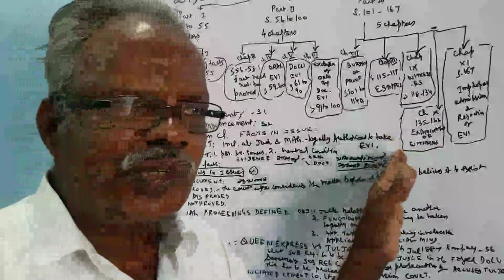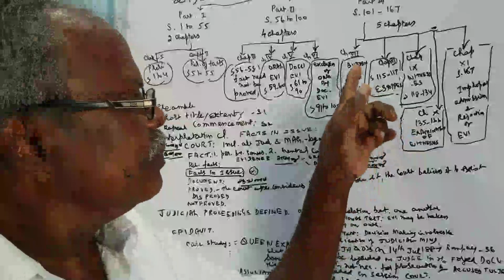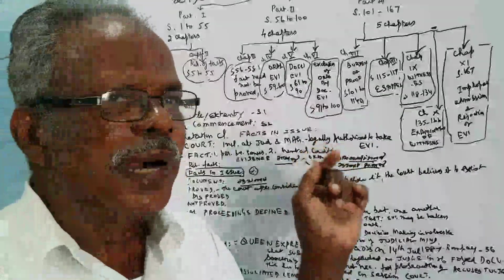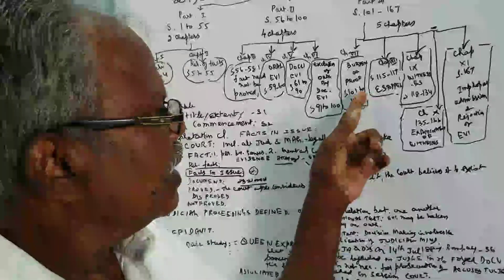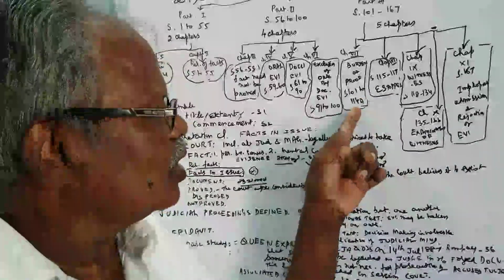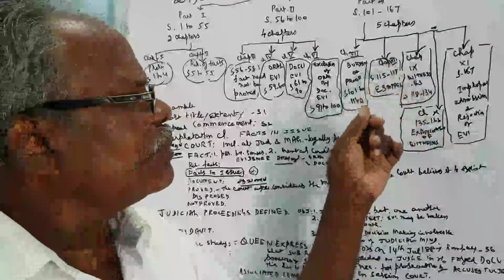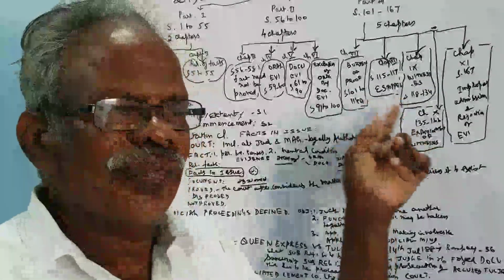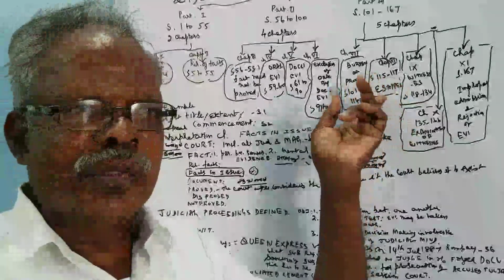From 101 to 167 comes under part 3. In part 3, chapter 7 is burden of proof, which usually lies with the prosecution in criminal cases, sections 101 to 114A. Chapter 8, sections 115 to 117, is estoppel.